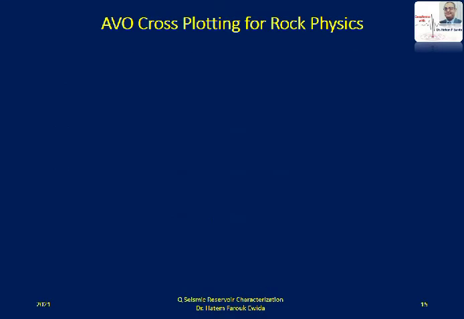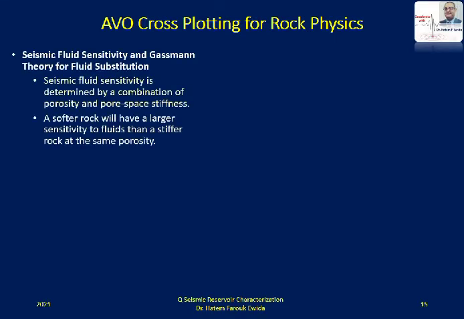So let's see more from this cross-plotting to understand. We will add one more application that a scientist called Gassmann used to add to the AVO in relation to the rock physics, which is the seismic fluid sensitivity, and this theory is called Gassmann theory, actually using his name, and this is used for fluid substitution.